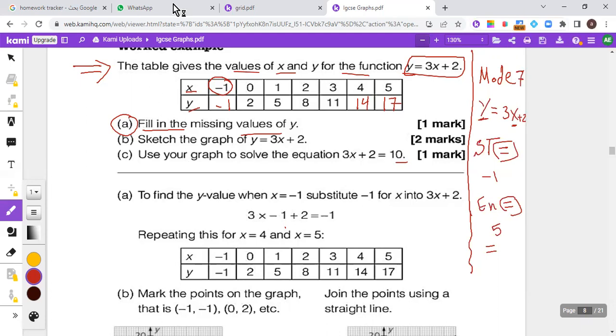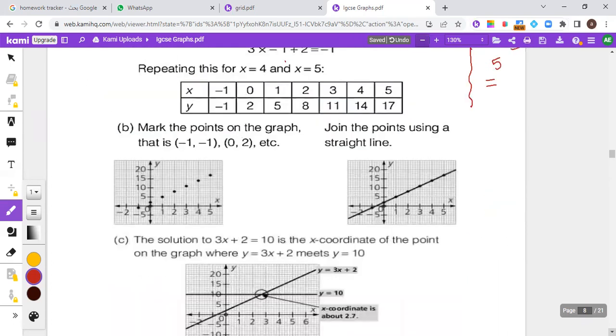Thank you, Arish, so much. Sketch the graph. To sketch the graph is very easy. Here you make x and y axes, 1 2 3 4 5 6, and because here you have bigger values, you can use 2 4 6 8.